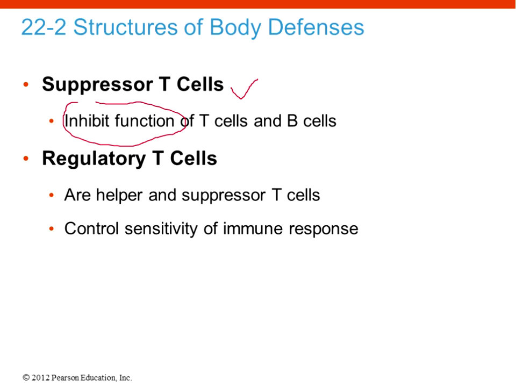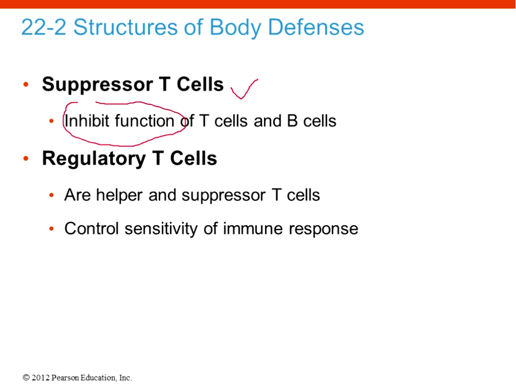You might think, well, why would you have suppressor T cells? Well, you don't always want your immune system, your defense system, to be active on high alert. You need them to back off once the job is done, right? Because your body takes a certain response when the immune response is occurring.